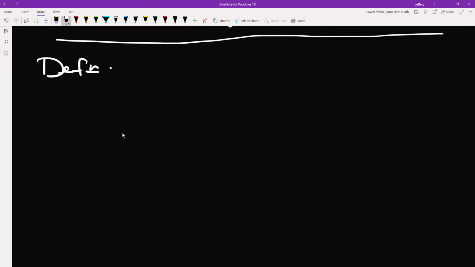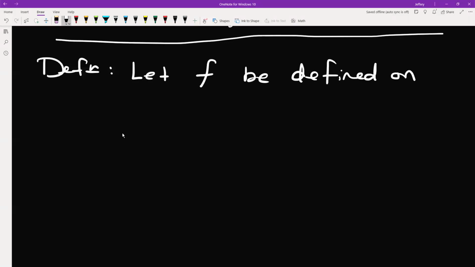We're going to say let f be defined on some closed interval, and actually we need to say real valued. I'm going to throw that in there because you can't be ambiguous. So f is defined, real valued, on a closed interval from a to b.